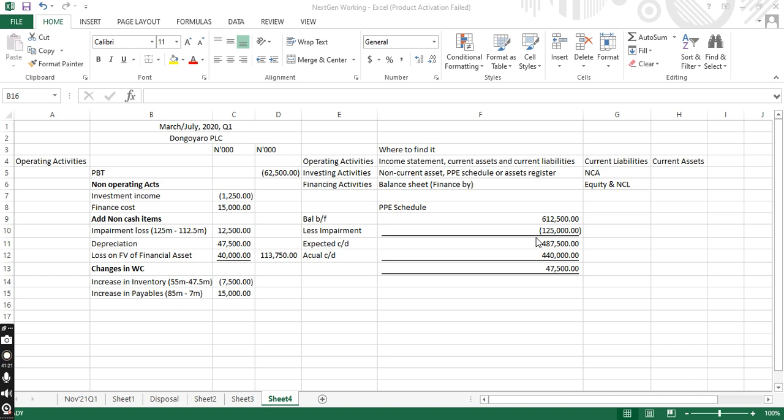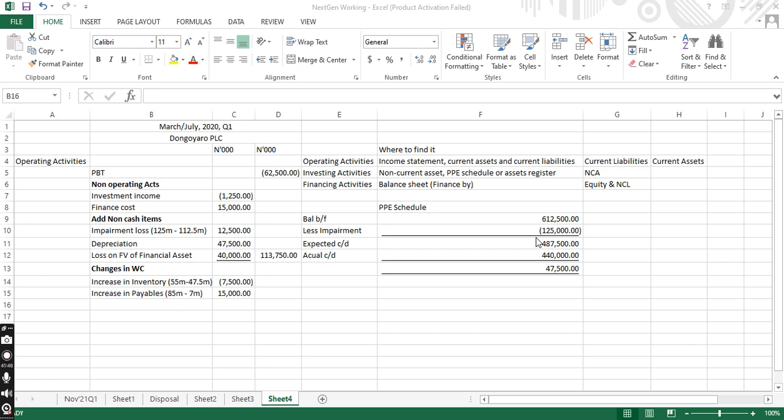That's 45,000. So current tax payable and tax paid, all of them should be under tax. So we can treat it under our tax paid, right?